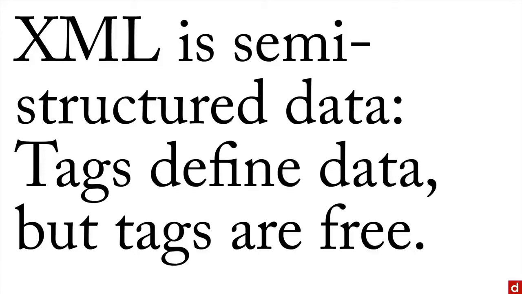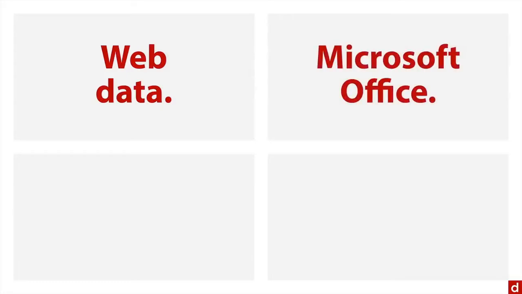Now, there's a couple of places where you're going to see XML files. Number one is in web data. HTML defines the structure of a web page, but if they're feeding data into it, then that will often come in the form of an XML file. Interestingly, Microsoft Office files, if you have docx or XLSX, the X at the end stands for a version of XML that's used to create these documents.